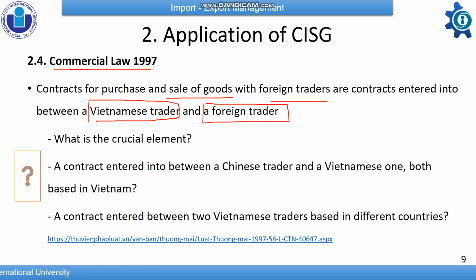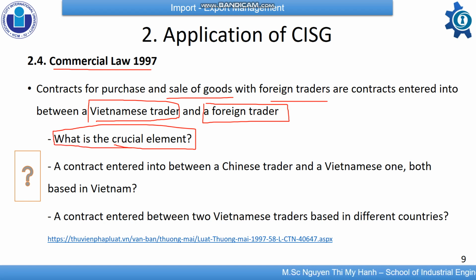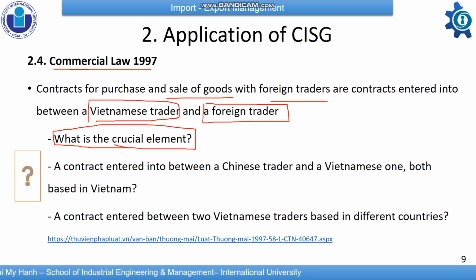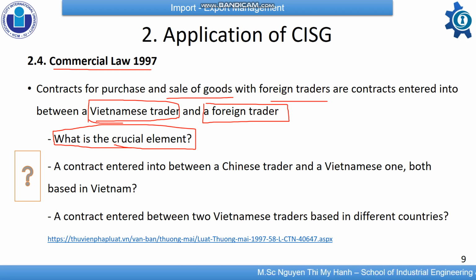So what is the crucial element here? Please help me answer the question. What is the crucial element when we use the commercial law 1997 to define the CISG? Is it nationality, right? Because as long as it's a Vietnamese or a foreigner. Okay?